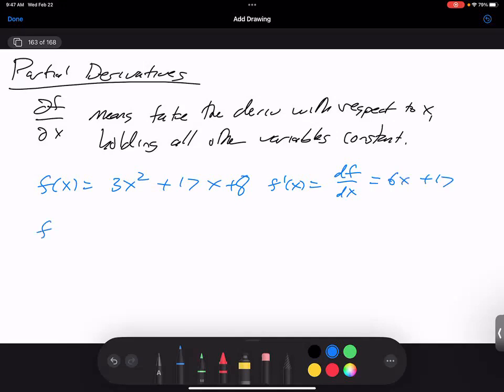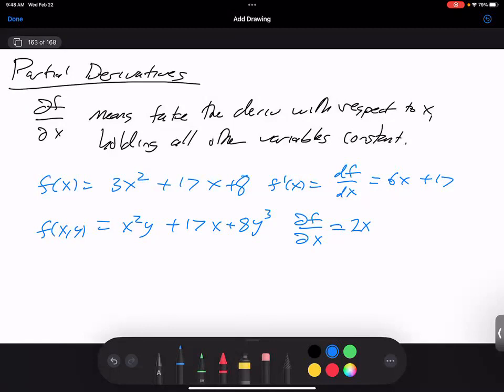Now let's say I give you f of xy is x squared y plus 17x plus 8y cubed. And now I'm going to use the strange d. This stands for partial derivative with respect to x. So I take the derivative term by term, and I consider anything that's not an x to be constant. So I'm not allowing y to change. I'm keeping y constant. What's the derivative of x squared y if you view y as a constant? 2x.